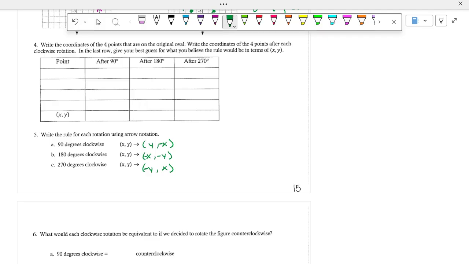So if you look, 90 degrees clockwise, they end up in quadrant 4. Positive, negative. 180 degrees ends up in quadrant 3. The signs should both be negative. Negative, negative. 270, that's 3 quadrants away. It ends up in quadrant 2. Negative, positive. All right, so all of these rules are made up in relation to quadrant 1.